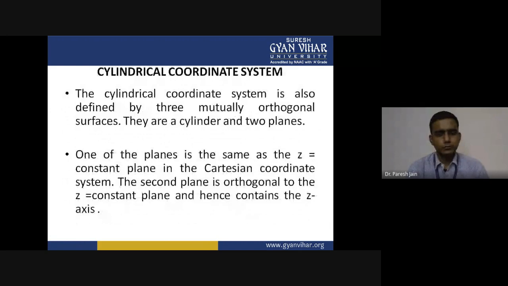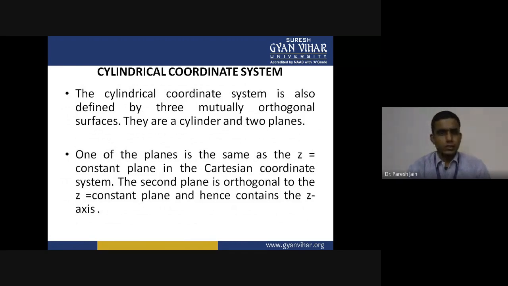So the coordinates used in the cylindrical coordinate system are r or rho, then phi, and then z. These three scalar quantities are used in the cylindrical coordinate system.